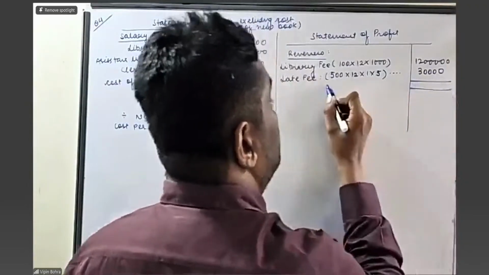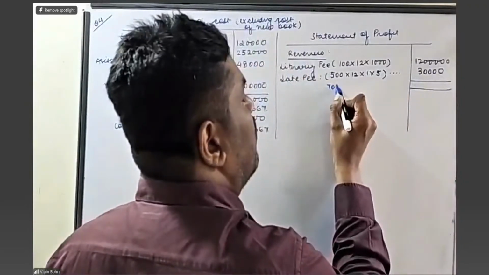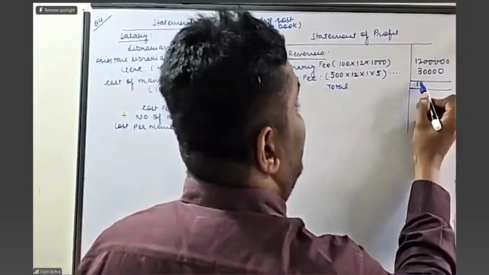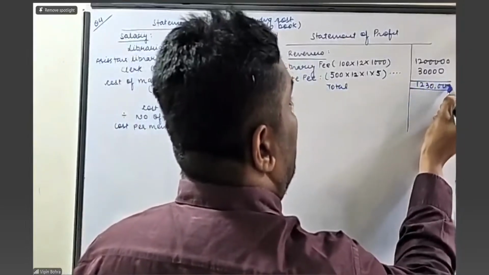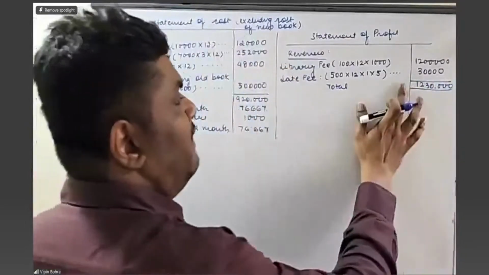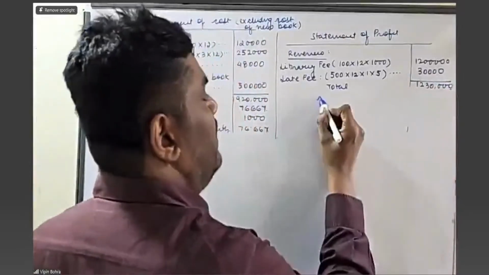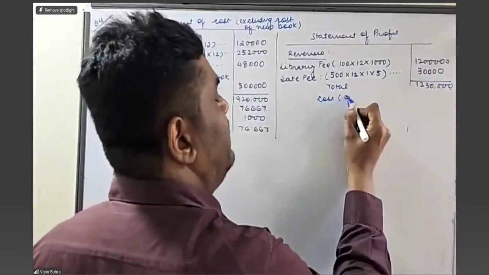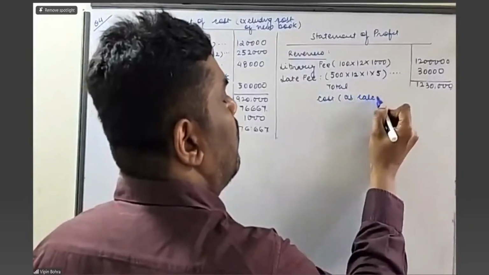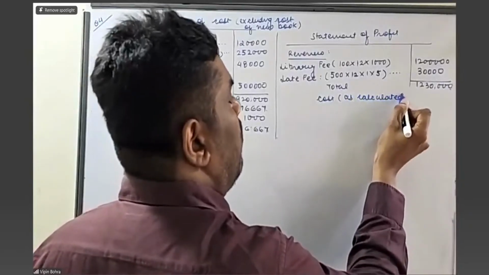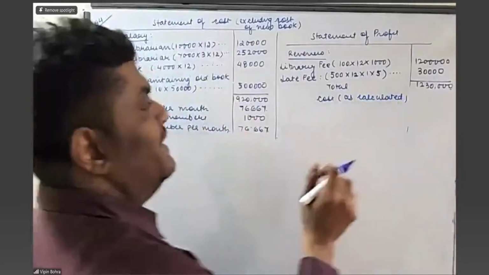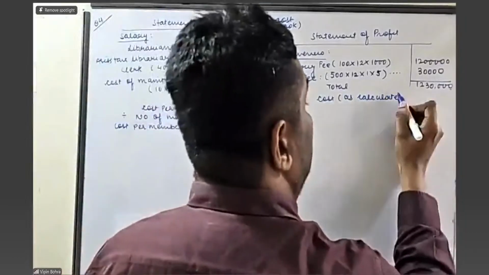So revenue, it is 12,30,000, and we have the cost. We have the cost as calculated. The cost as calculated is 9,20,000.